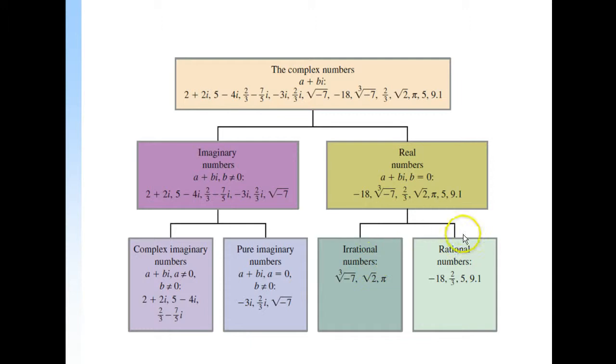Although if b is 0, then this i term is 0, so that would be a real number. That's what I had mentioned before. I'm not sure how much your professor will ask you to remember about all of this. The key, of course, is real numbers are on this side, imaginary, and then this is the standard form of complex numbers.